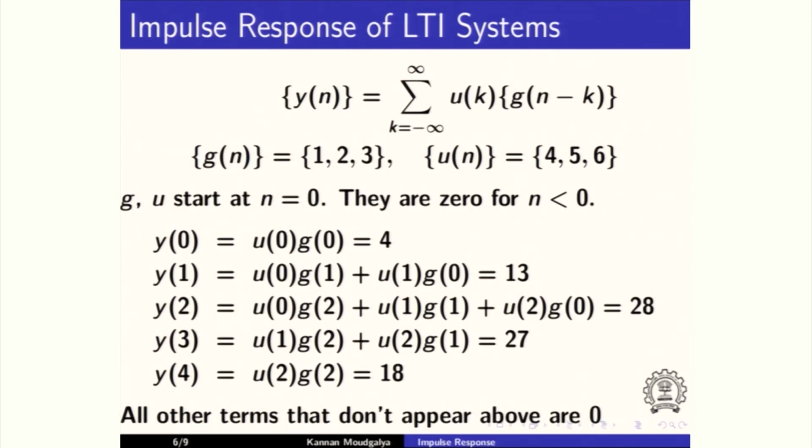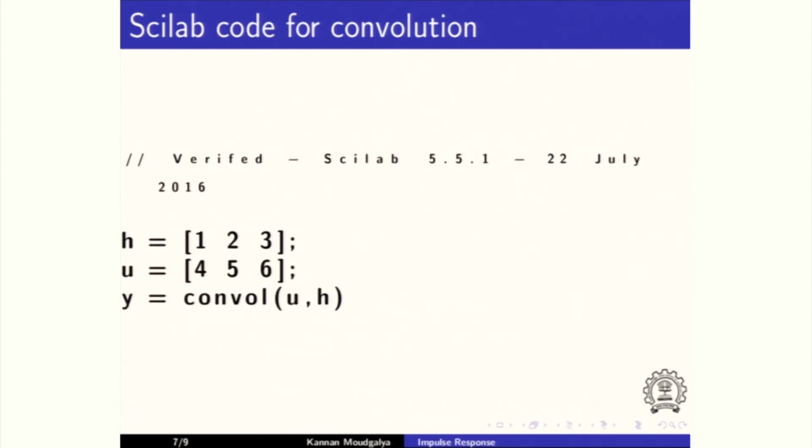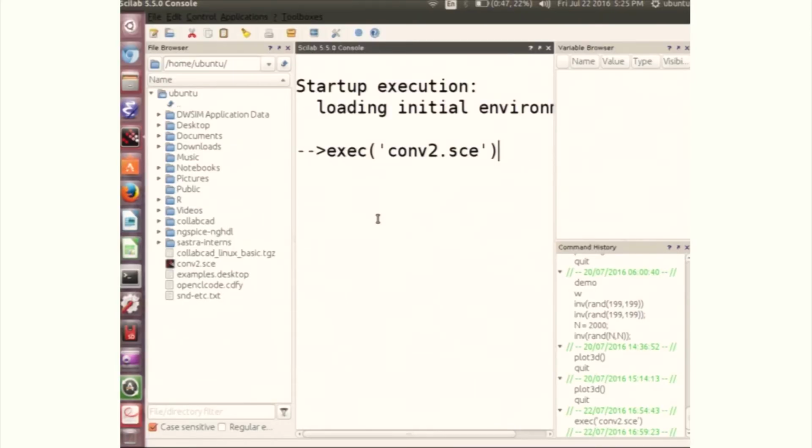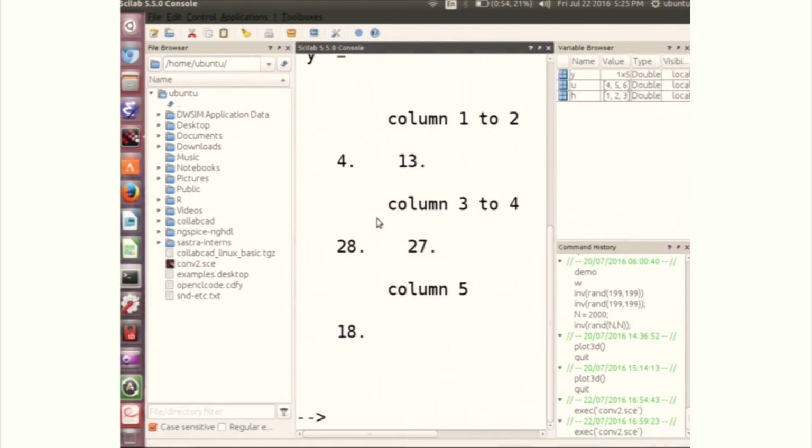Let us now go and see a Scilab code that implements this. I also have Scilab here, I will demonstrate that. I have already opened Scilab and the file is called con2.sce. Let me execute it and you see that the value is obtained here.